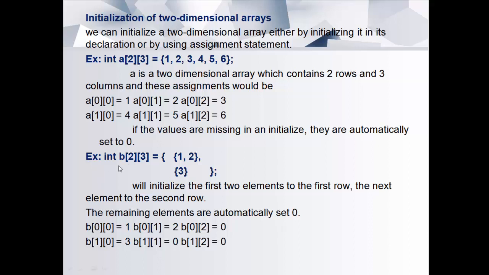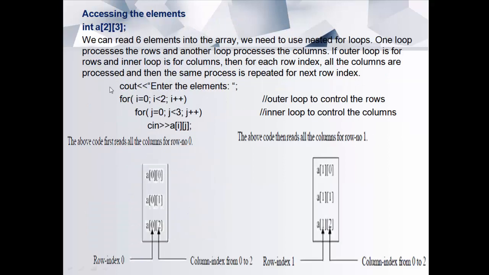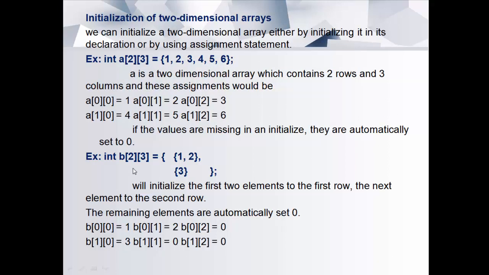Example number 2, int b of 2 comma 3. Similarly, here also I am taking 2 as the row and 3 as the column value, but the array name is b. This is one more method of initializing two-dimensional arrays.